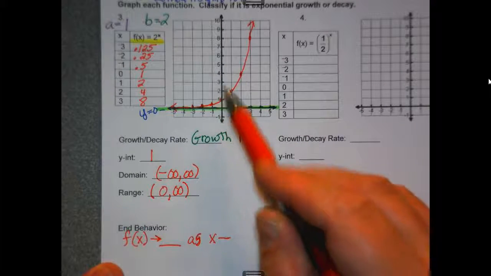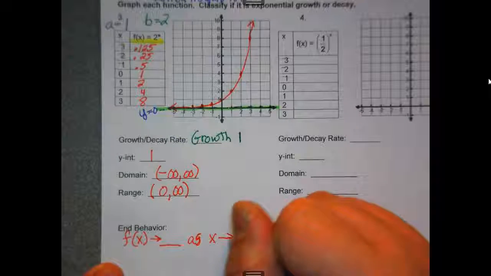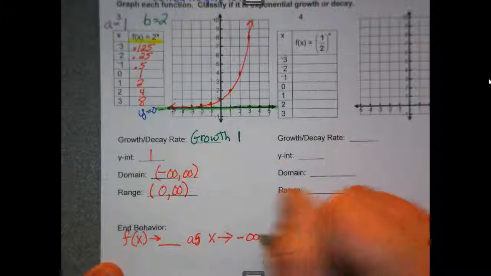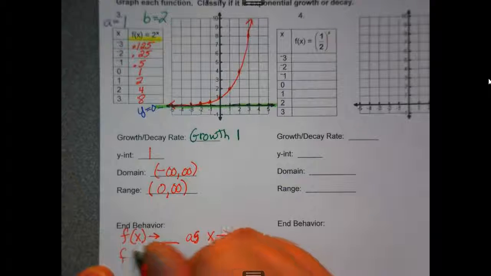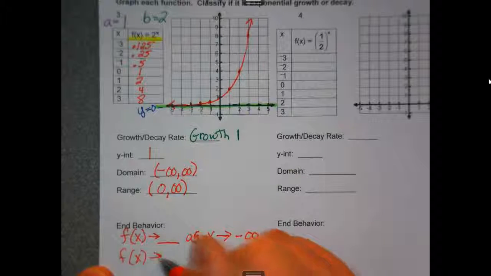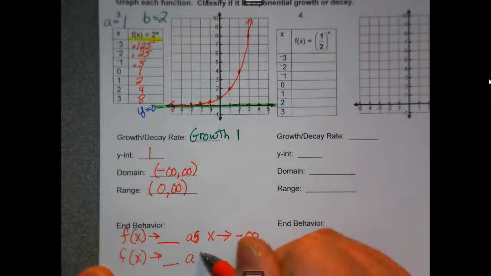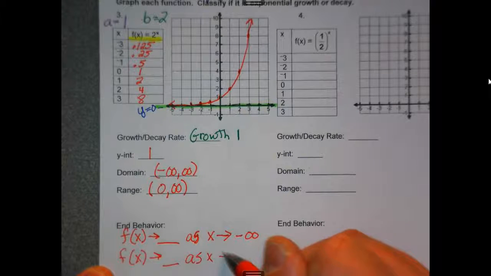There's going to be transformations. The range is going to change. And the f of x approaches blank as x approaches positive infinity.